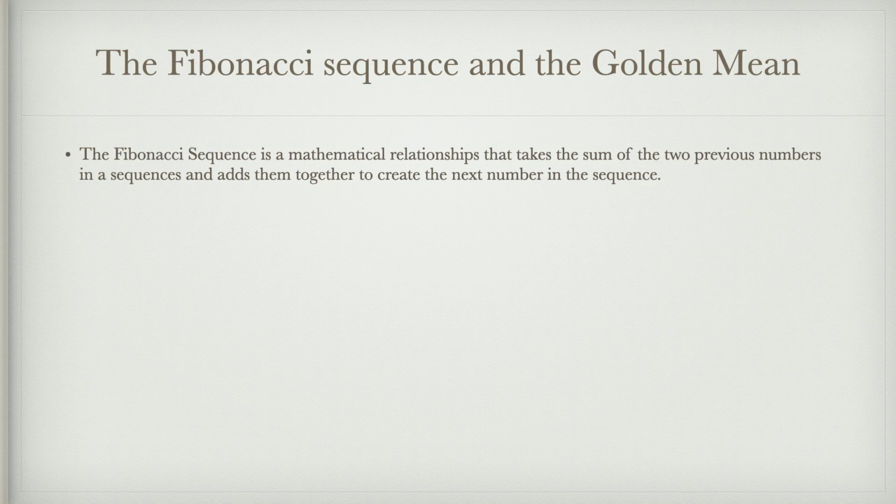So an example would be 1, 2, 3, 5, 8, 13, 21, 34, 55, and it can go on. Basically you take the 1 and the 2, add them together to get 3. Then you take 2 and 3, add them together to get 5. Then you take the 5 and the 8, add them together to get 13, and then it just keeps going from there. So in a sense, it's sort of compounding that way.